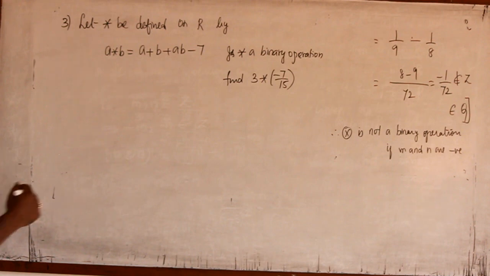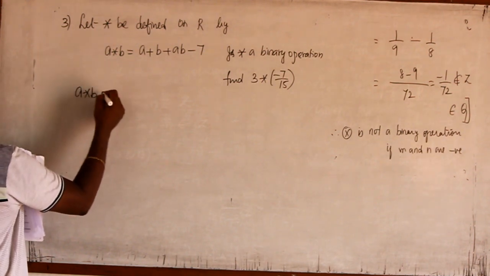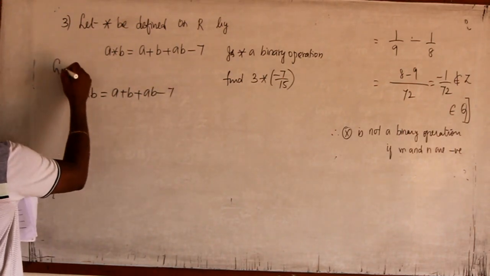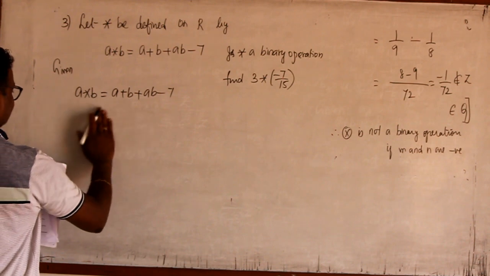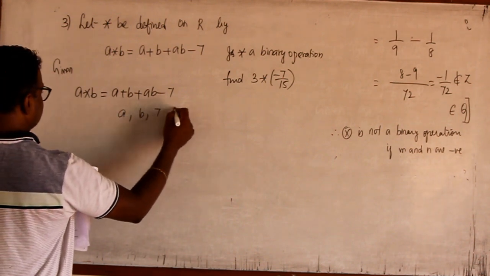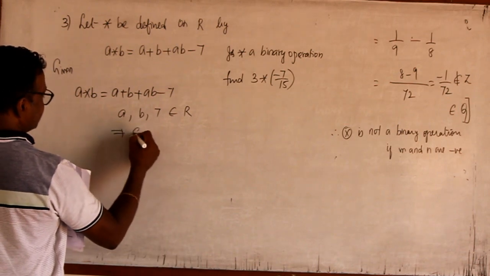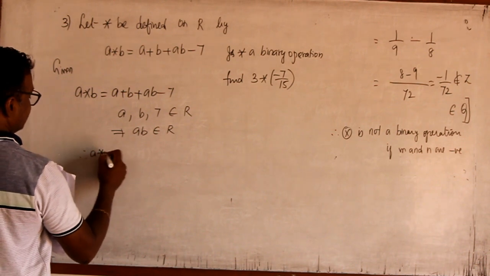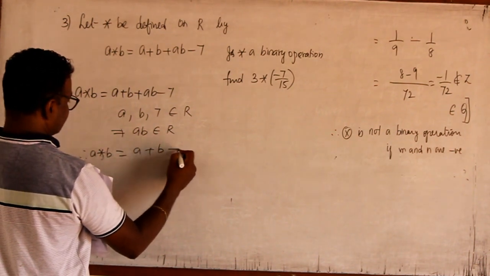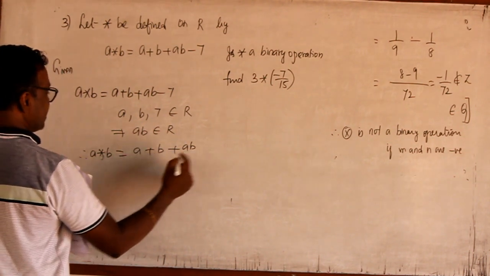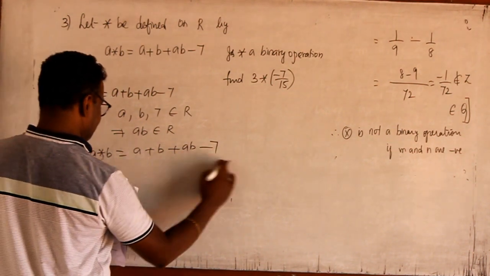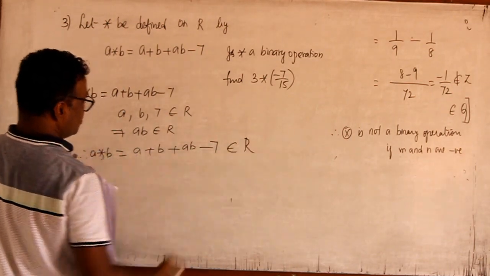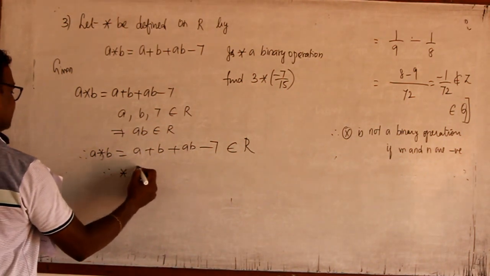Here given A star B equal to A plus B plus AB minus 7. We know A, B, 7 belong to R. Then this implies AB belongs to R. Therefore, for A star B, I have to add two real numbers, multiply A and B, add, and then subtract 7, whether it is positive or negative or 0. Even if it is a fraction, definitely this belongs to R. Therefore, star is binary.